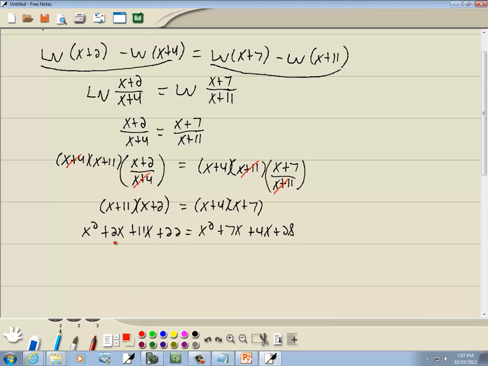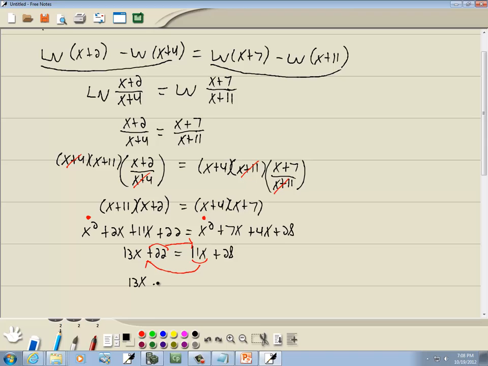Now notice we have an x squared on both sides. If you have the same item on both sides, you can just drop them. 2x plus 11x is 13x plus 22. Combine like terms. 7x plus 4x is 11x plus 28. Well, get everything with an x on one side, numbers on the other. This is just a linear equation at this point.